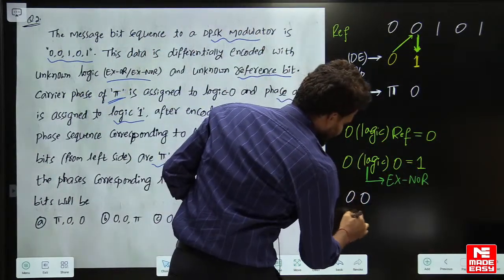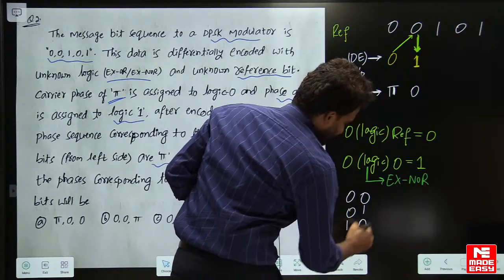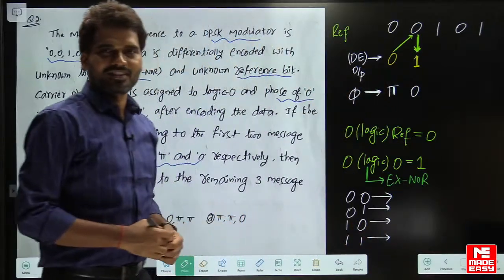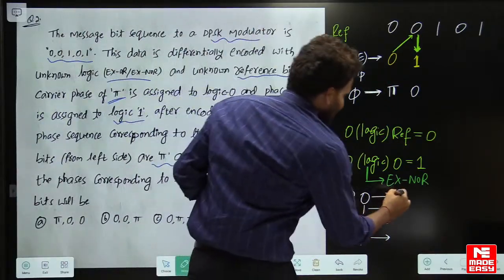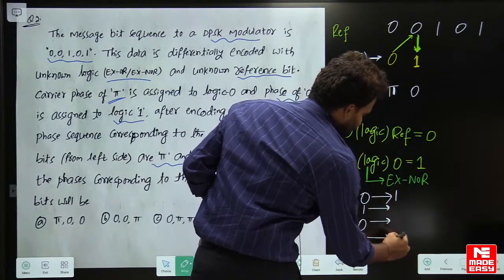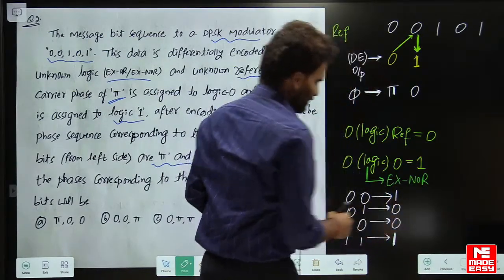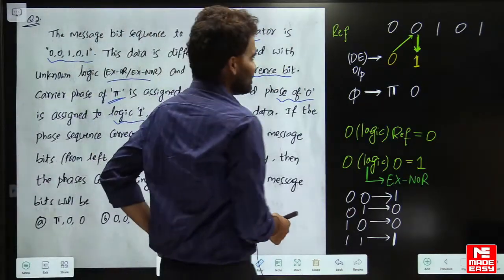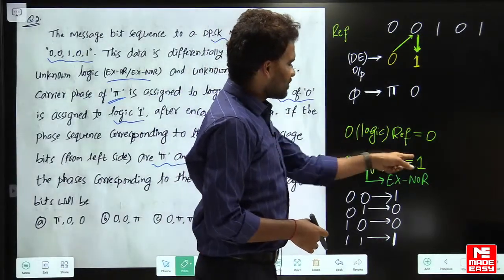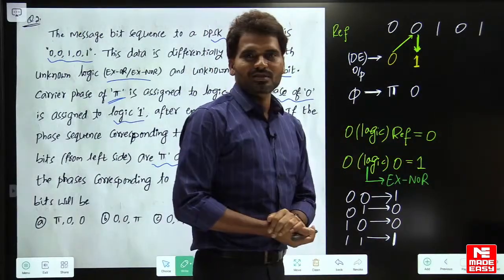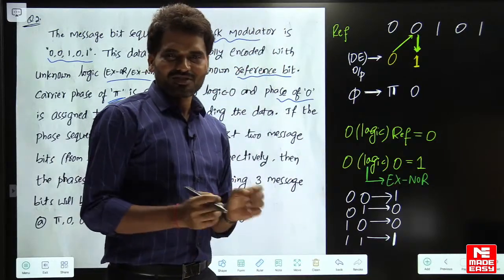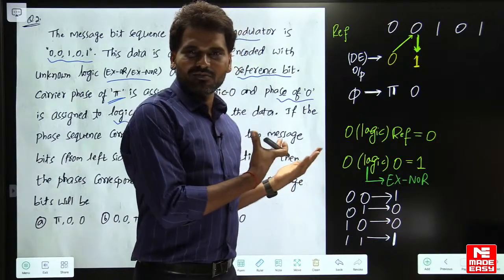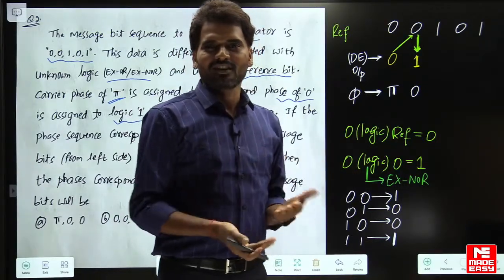So 0 XNOR 0 will be 1, hence the logic used is XNOR. Once you know the logic used, you can easily proceed and complete this question.